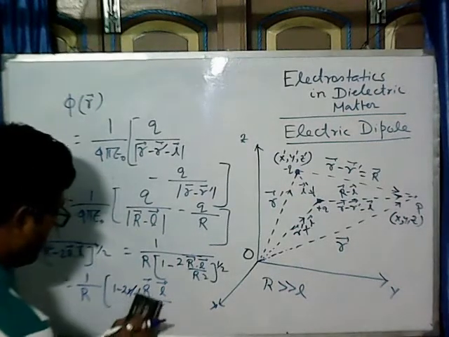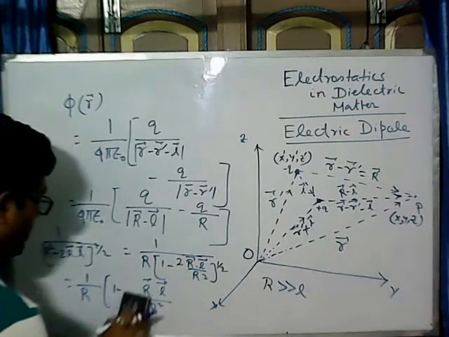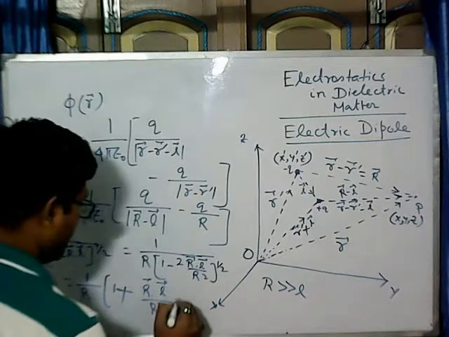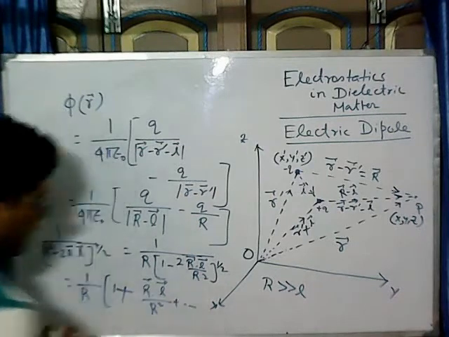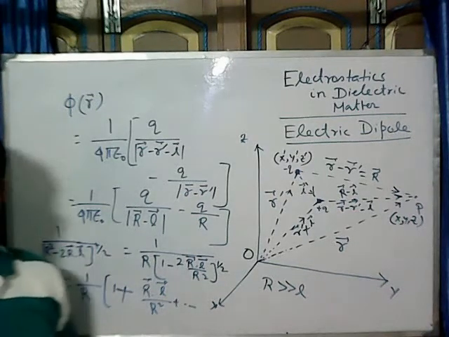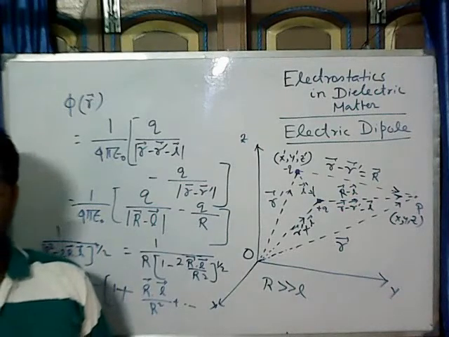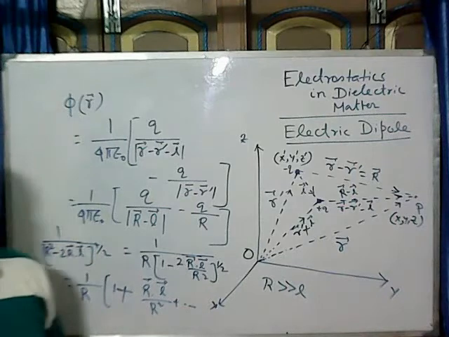There will be a positive sign, and there will be other terms. But here we will restrict ourselves to the linear term because the square term will be very small, because there will be an L square term.